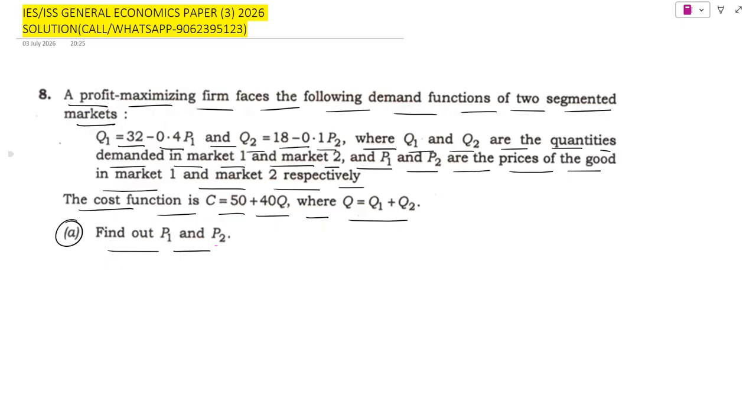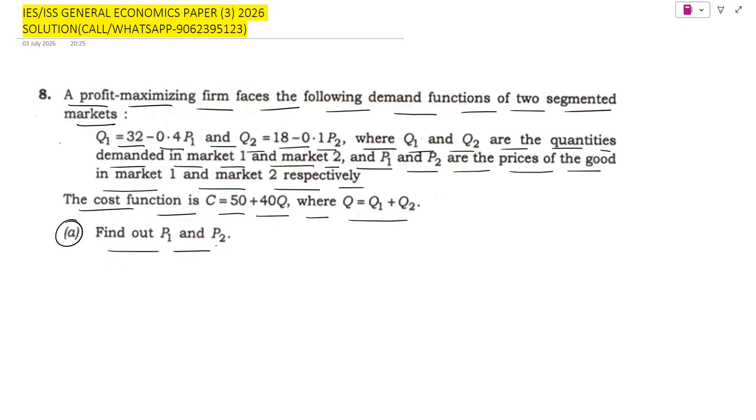Whenever you see two demand functions, two different markets, and one common cost function, your brain should immediately think: find the MR in each market and equate it to MC. This single idea solves many numerical questions on market segmentation.